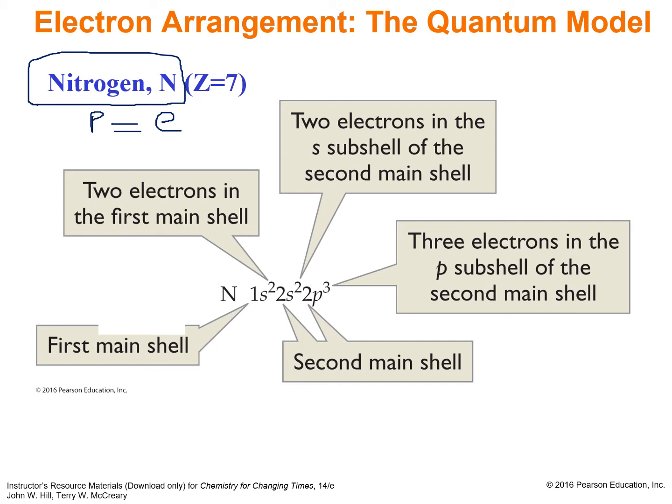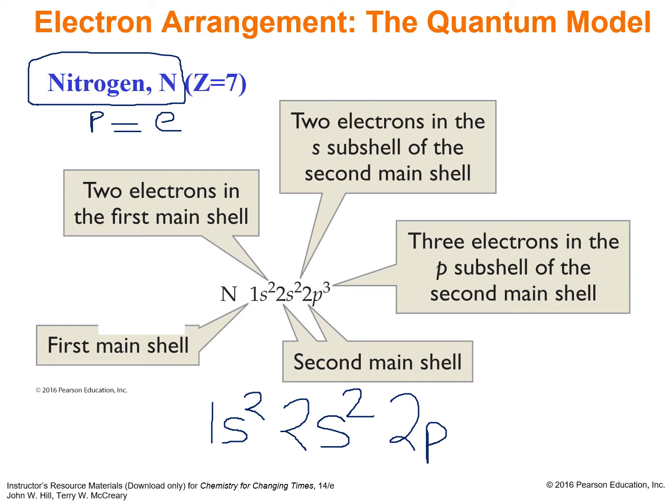So we will start with 1, and the first subshell is s, and we can have a maximum of 2 electrons in s. Now 1s is filled. Now I move to the second main shell, which is 2, and the first subshell is s. It can have a maximum of 2 electrons. Then after s comes the p subshell, so I write 2p, and p can have 6 electrons.